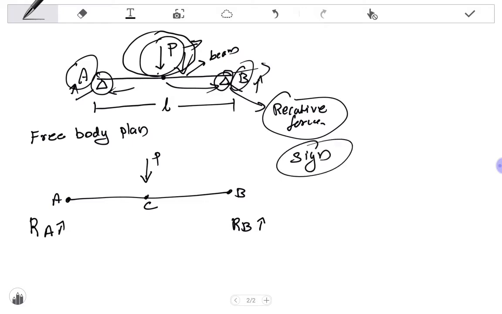The forces acting upwards are considered positive.